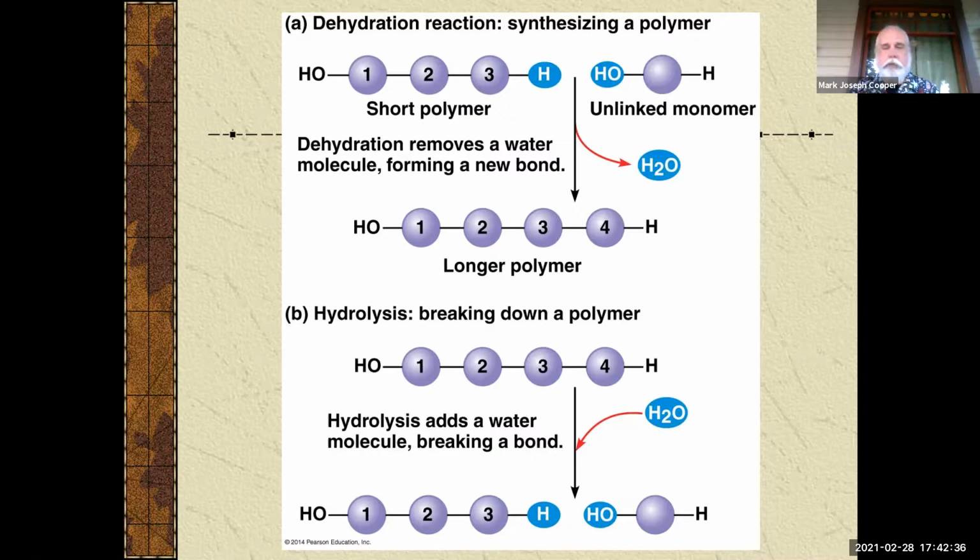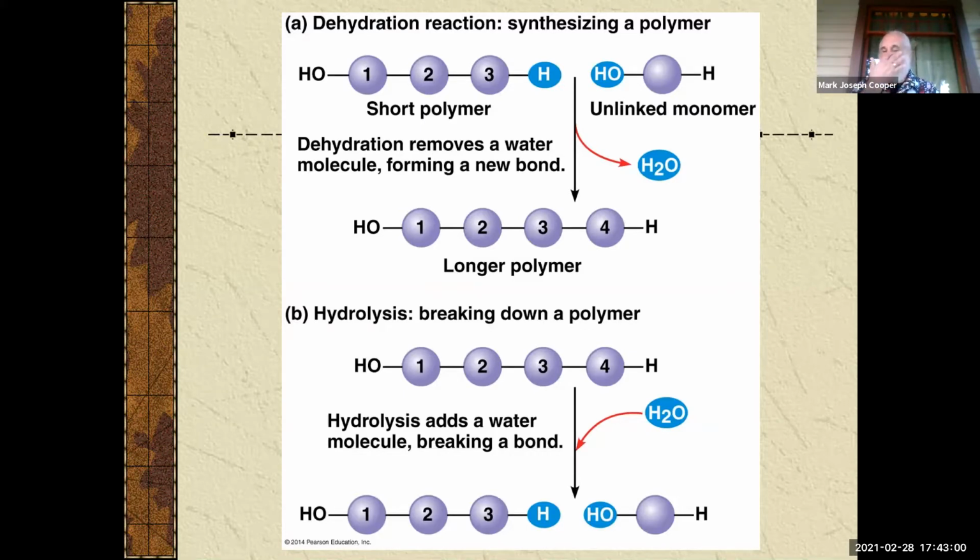I've seen all three of those, so I'm going to hold you to all three. If I ask you what it is called, you can give me any one of the three and that would be correct. But on a multiple choice test, if I had used only one of those, you'd have to be able to find it. So again, dehydration reaction, dehydration synthesis, condensation reaction.